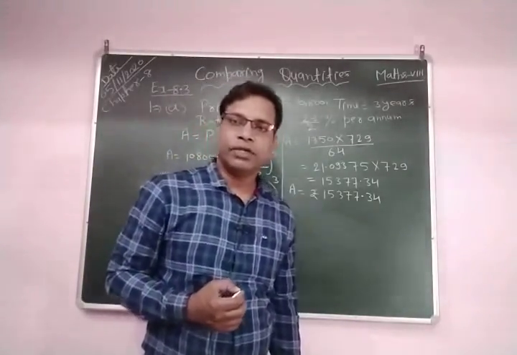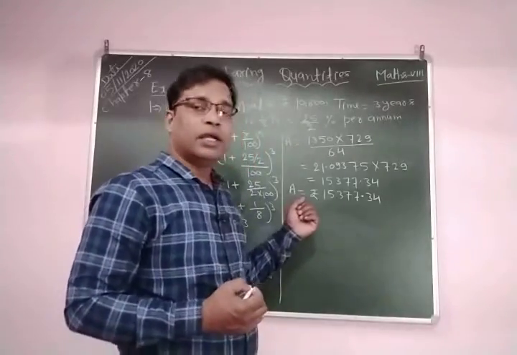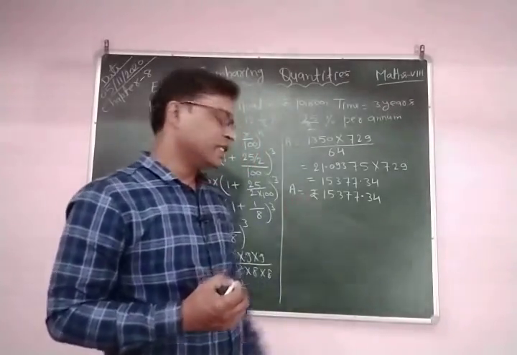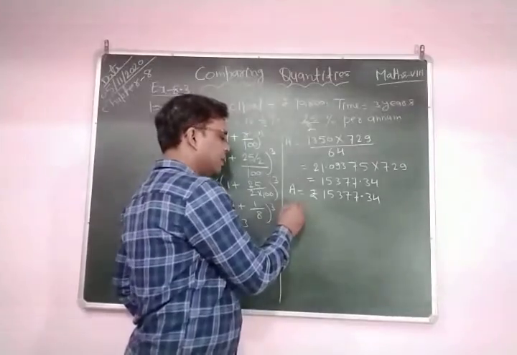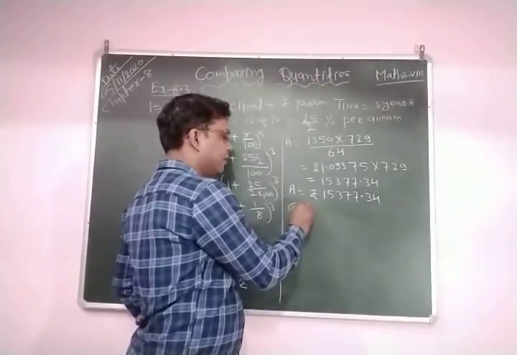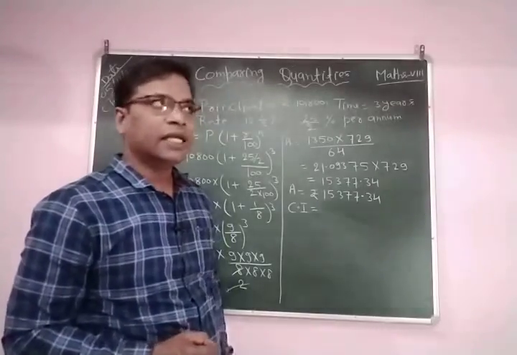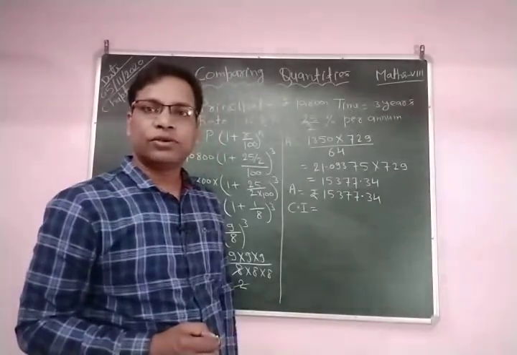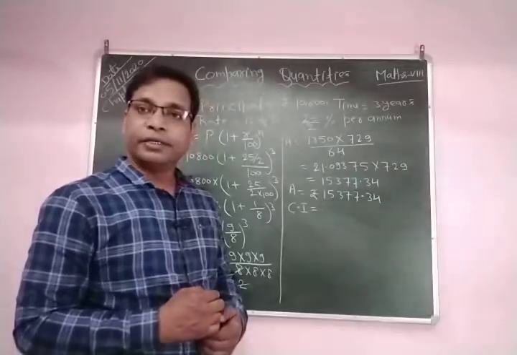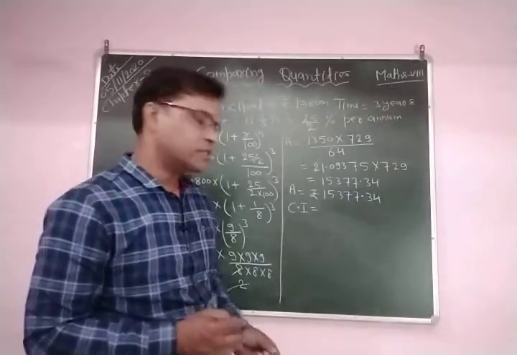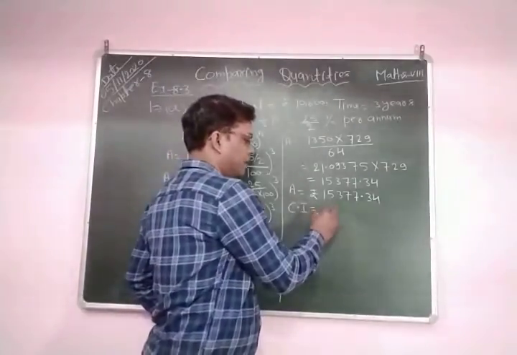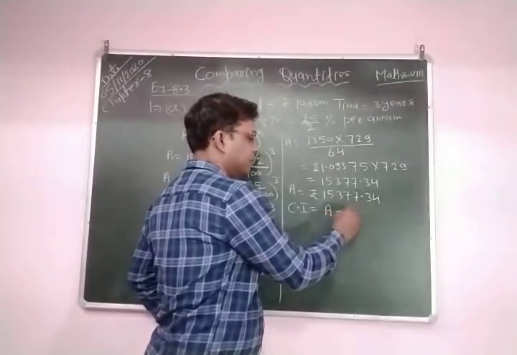And after this, what do we need to find here? We need to find the compound interest. We represent compound interest by CI. So you know very well, we use a formula to find compound interest, and this is equal to amount minus principal.